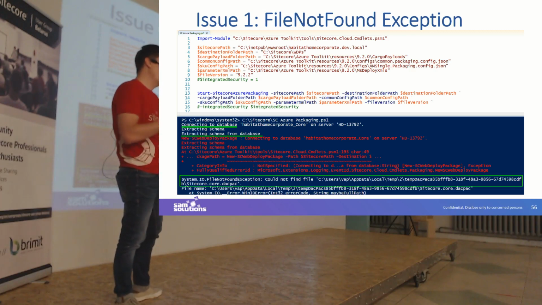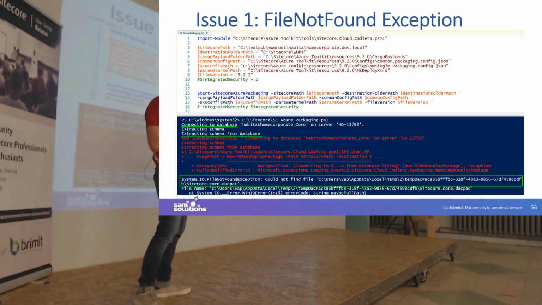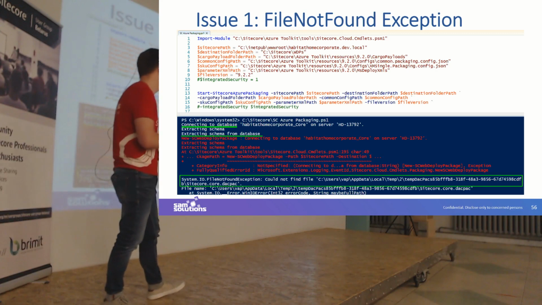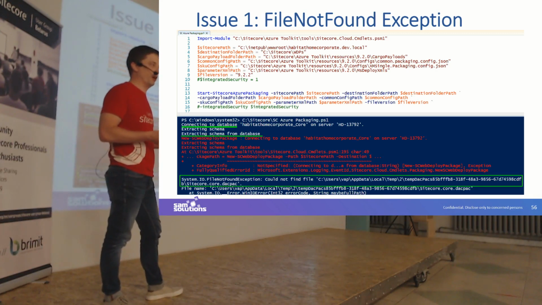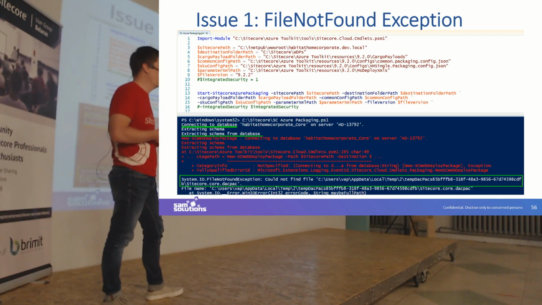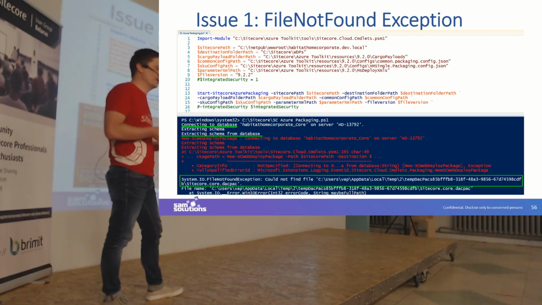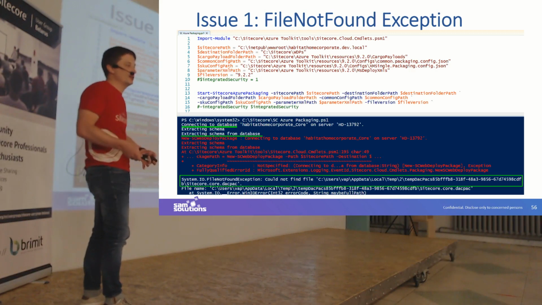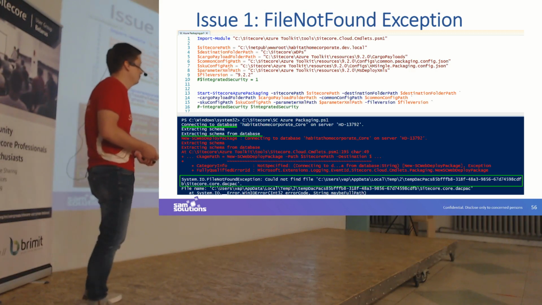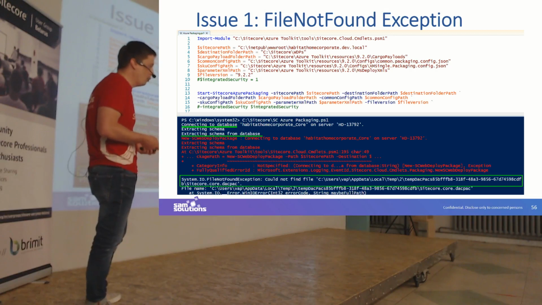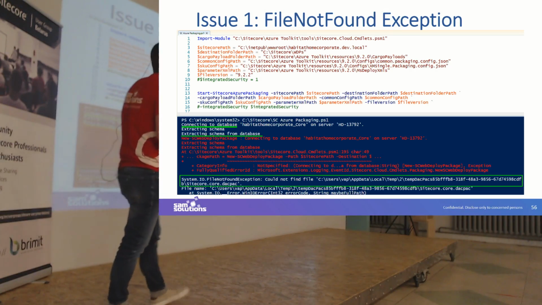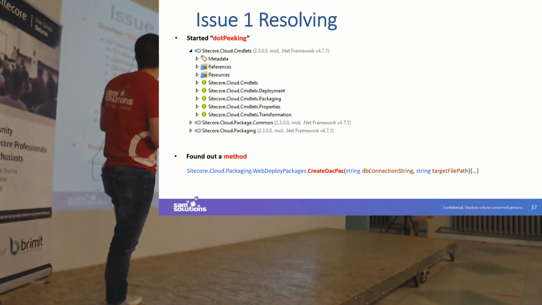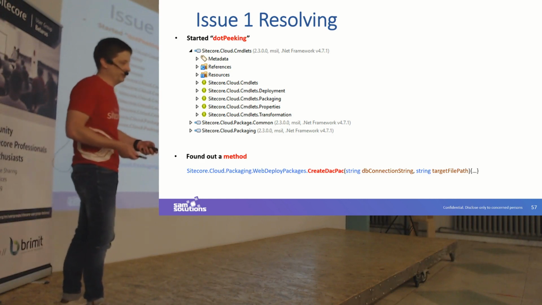So the process just grabs my first DACPAC file, my first backup, and this backup file could not be assigned to my D drive. Okay, how can I resolve it? The first step I did was start decompiling code.